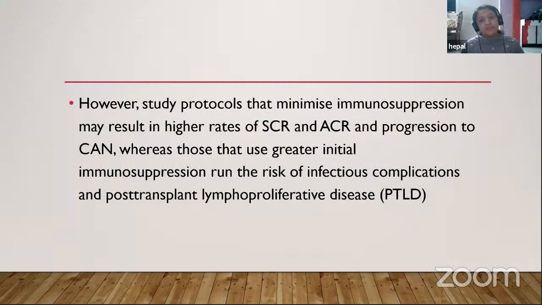However, we have to be very cautious, and a close follow-up should be maintained when we are minimizing CNI, reducing it, or switching over to everolimus, because minimizing may result in higher rates of subclinical rejections or acute cellular rejections and progression to chronic allograft nephropathy.